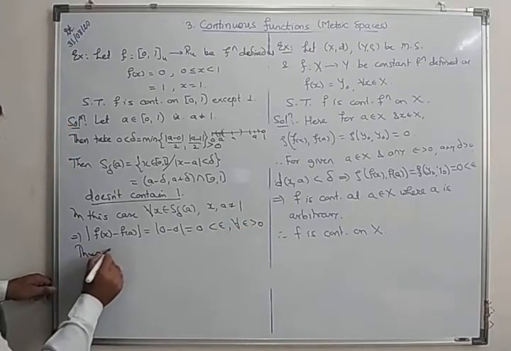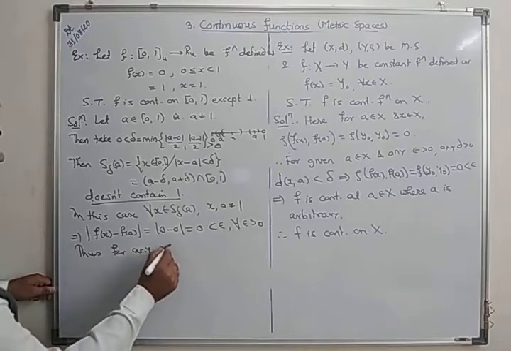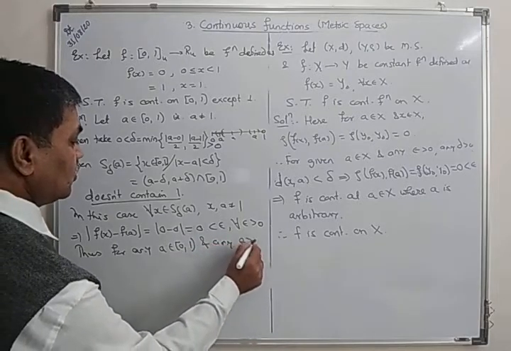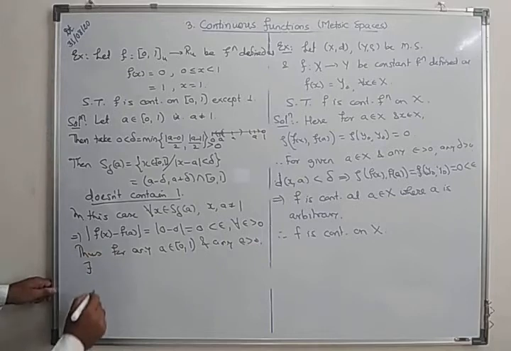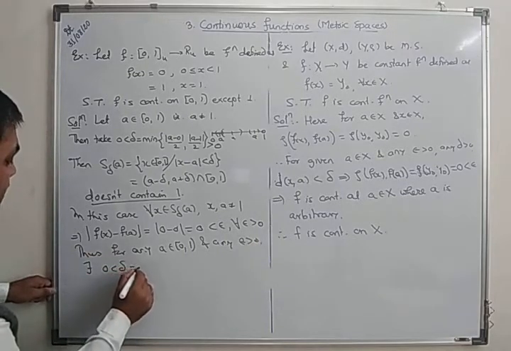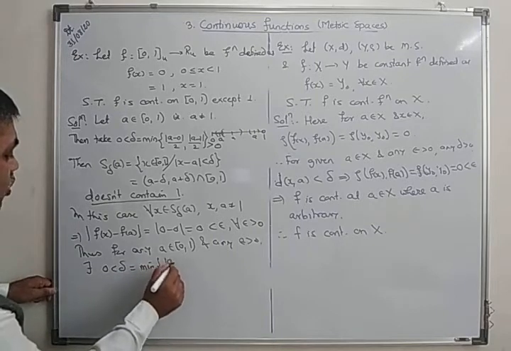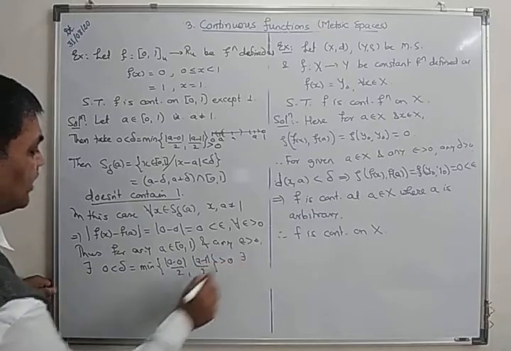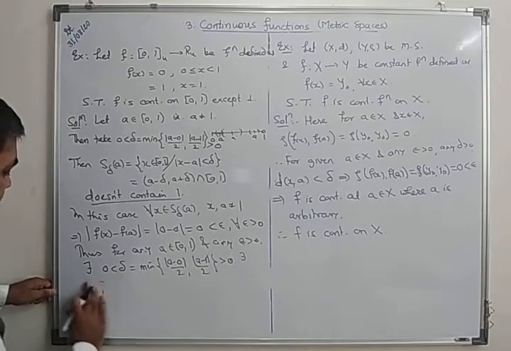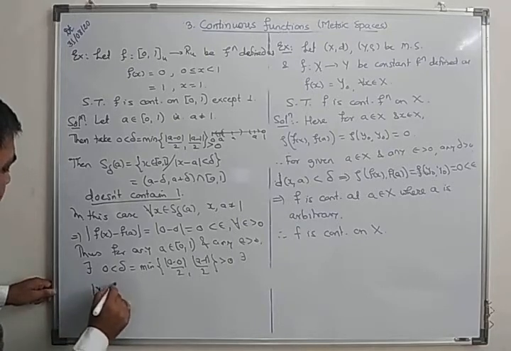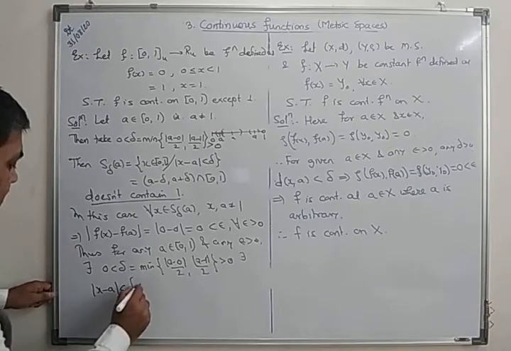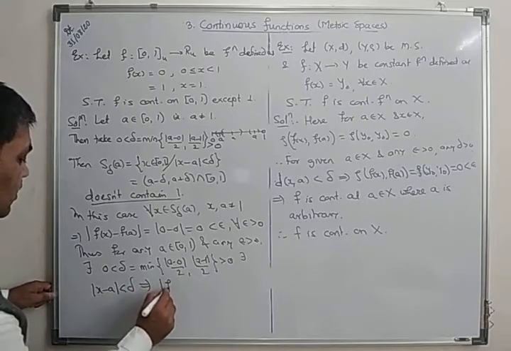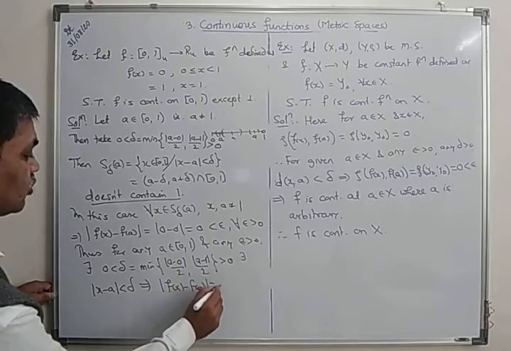Thus, for any a belongs to the closed open interval 0, 1 and any epsilon greater than 0, there exists delta is equal to the minimum of mod of a minus 0 by 2, mod of a minus 1 by 2, greater than 0, such that mod of x minus a less than delta implies mod fx minus fa is equal to 0 less than epsilon.